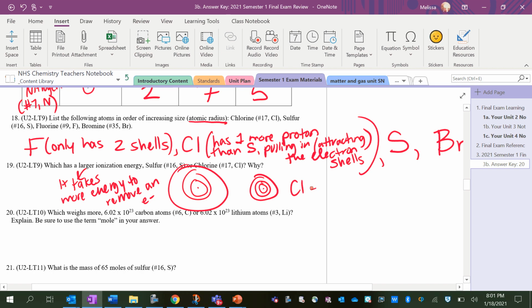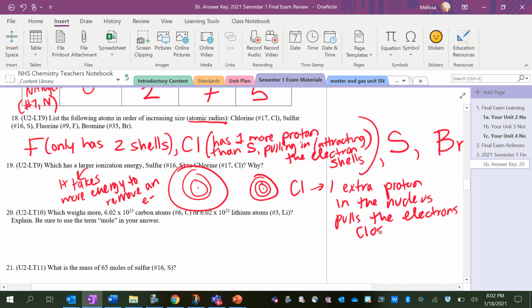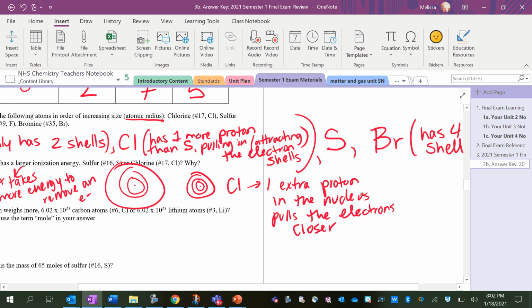So chlorine, 1 extra proton in the nucleus, pulls the electrons closer. So it's like 2 magnets that are closer together. It's harder to pull them apart, making it harder to remove an electron.